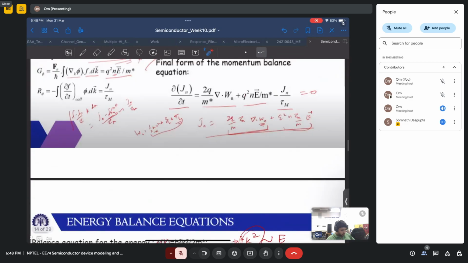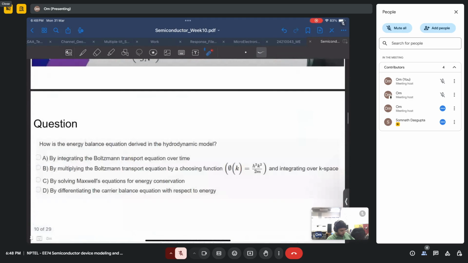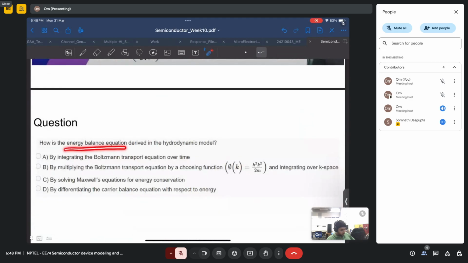So the question was, how is the energy balance equation derived in the hydrodynamic model? We multiplied by phi k and integrated.